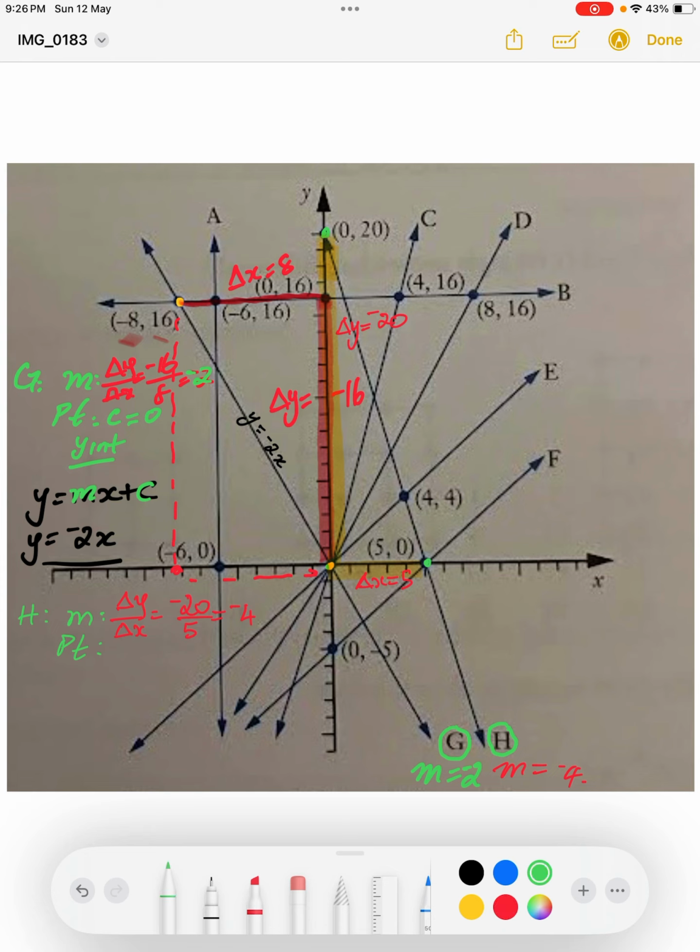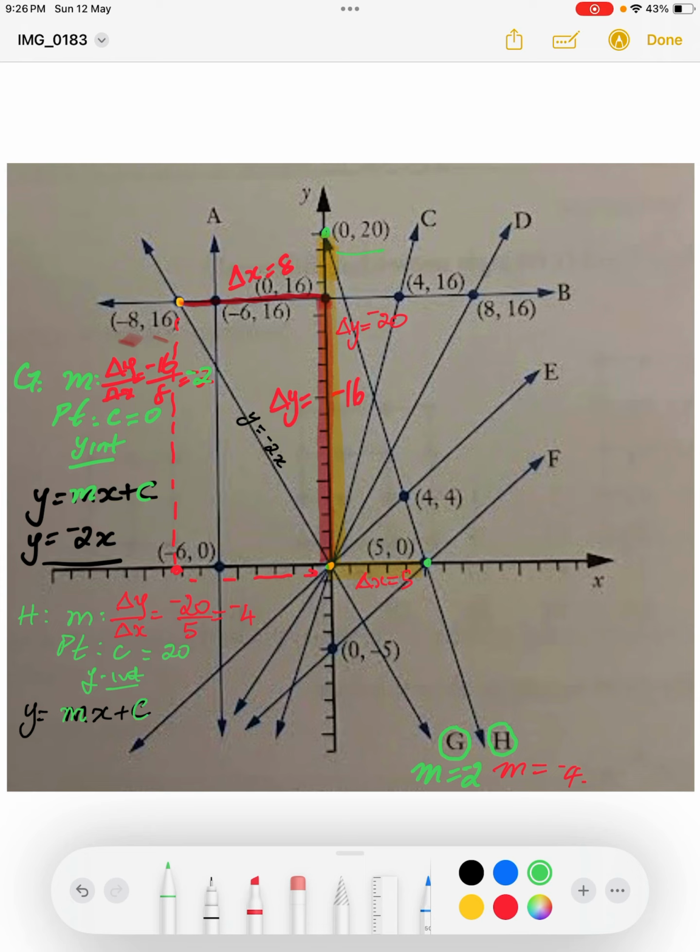And we're going to use the point 0, 20, because that will say c equals 20, because that's where it crosses the y-axis. It's the y-intercept. We can substitute that into y equals mx plus c. For m, we will use the value, the gradient, negative 4.